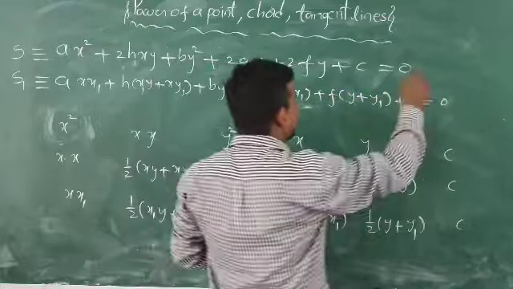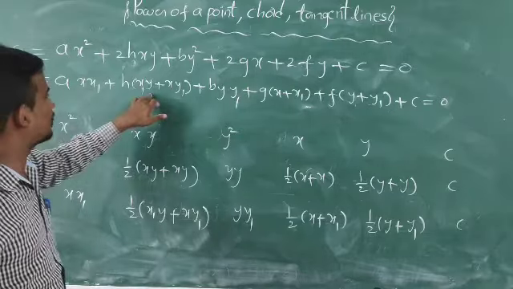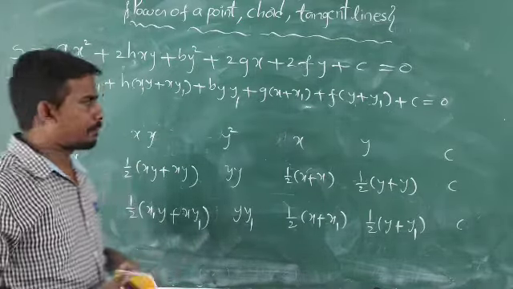We must write equal to 0 at the end because it is an equation, since it contains the variables x and y.